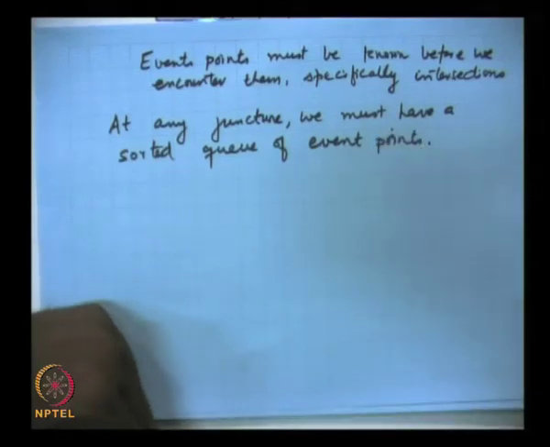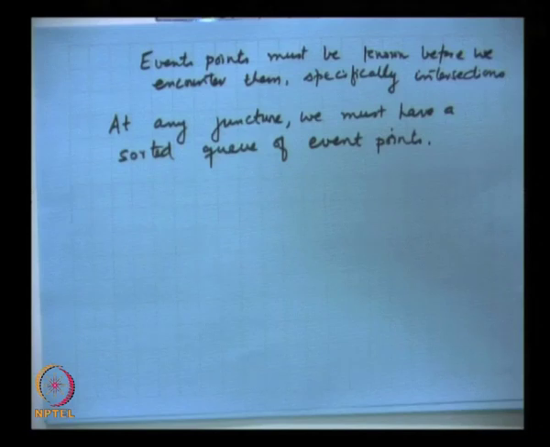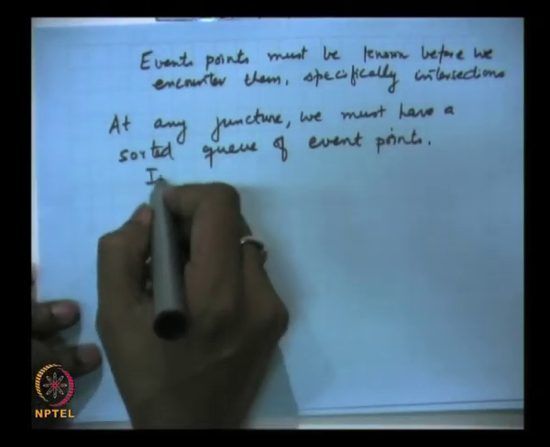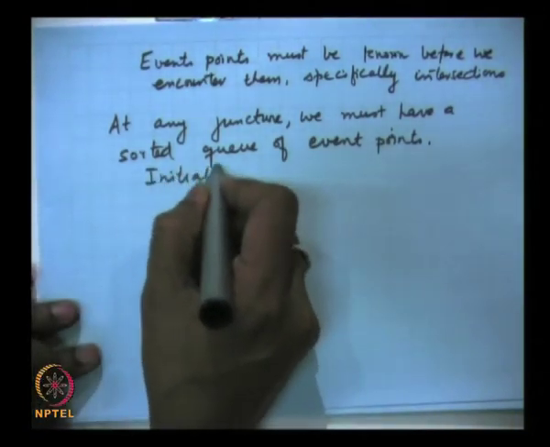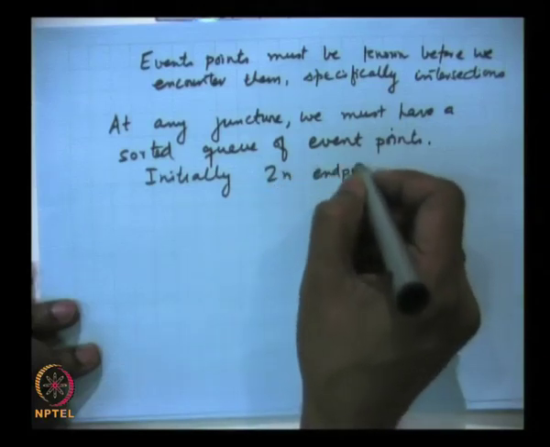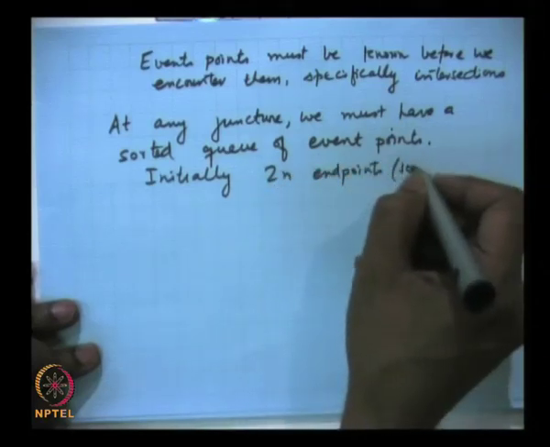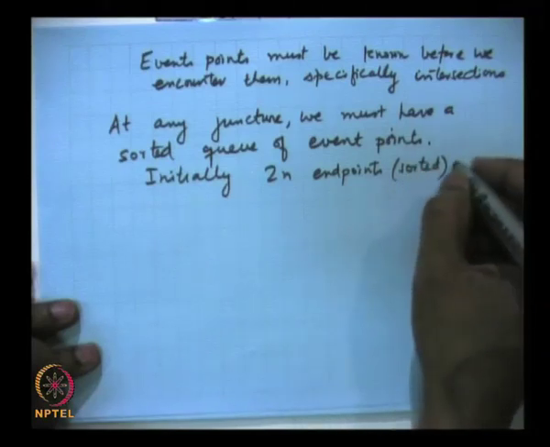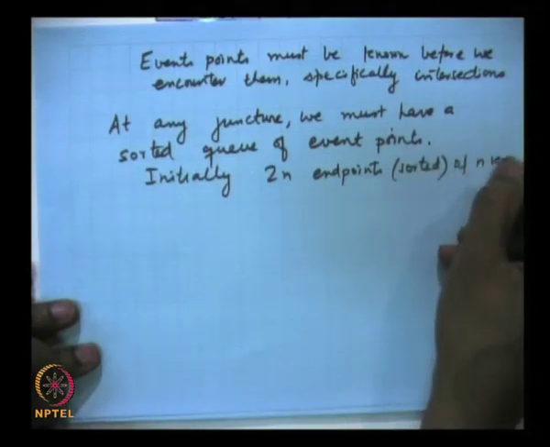So, initially, of course, what do we know? We know all the left and the right endpoints. So, my initial event queue is the sorted order of all the endpoints of the line segments. Initially, 2n endpoints, sorted in the right order, of n segments.